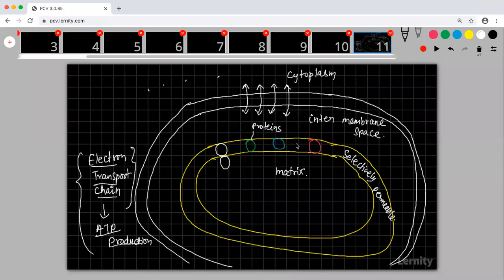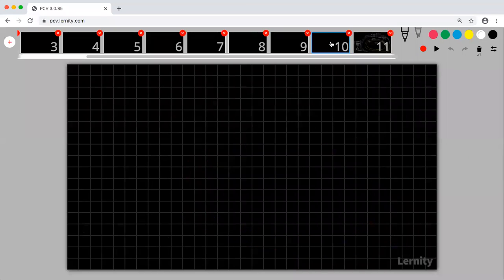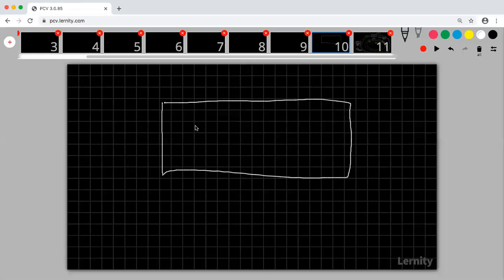One more thing that you should understand is, if there is a cell, what is happening? This is the cytoplasm. In the cytoplasm, only glucose is there. This glucose is converted into pyruvate. You might have studied this in 10th standard.